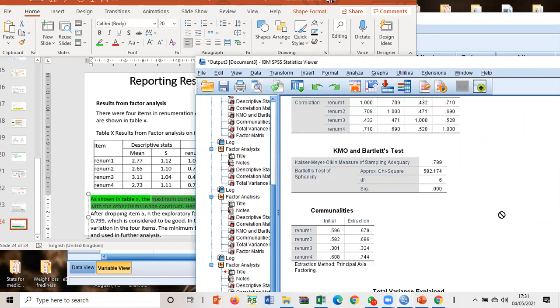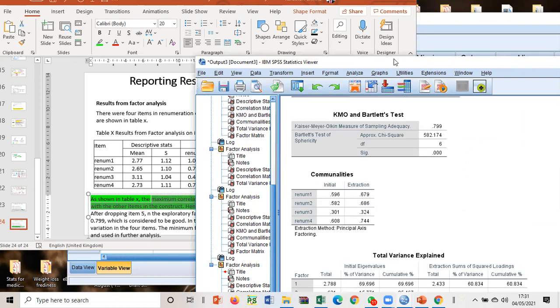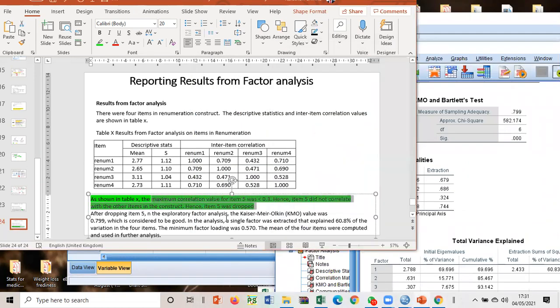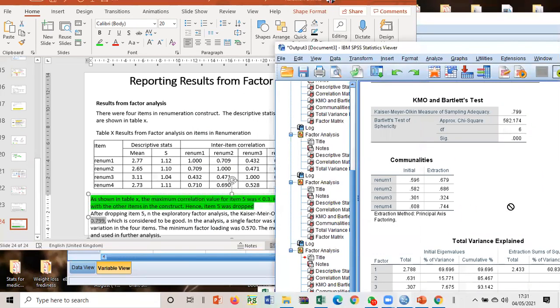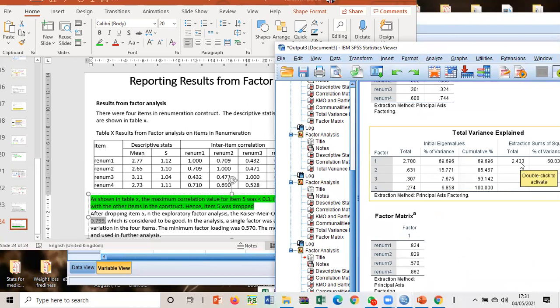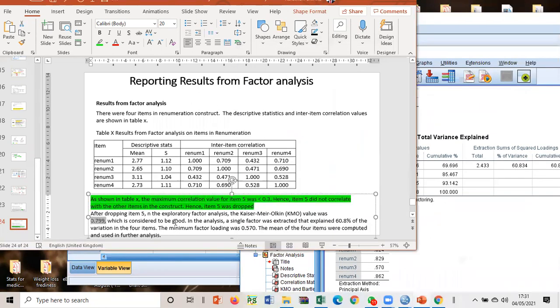So I go to KMO. What's the KMO value? 0.799. Good. Now how many factors? Only one factor. That's good for us.